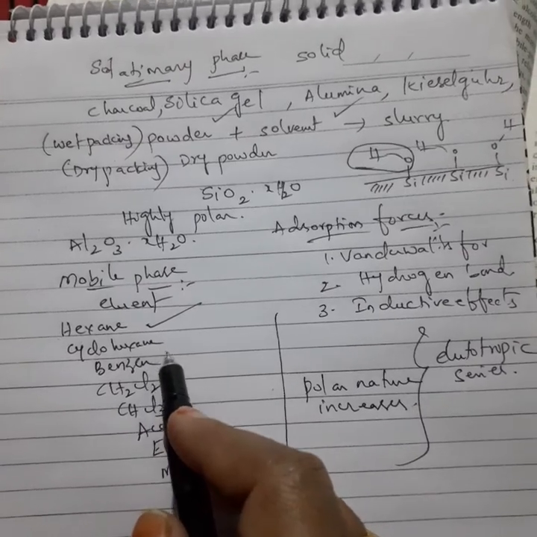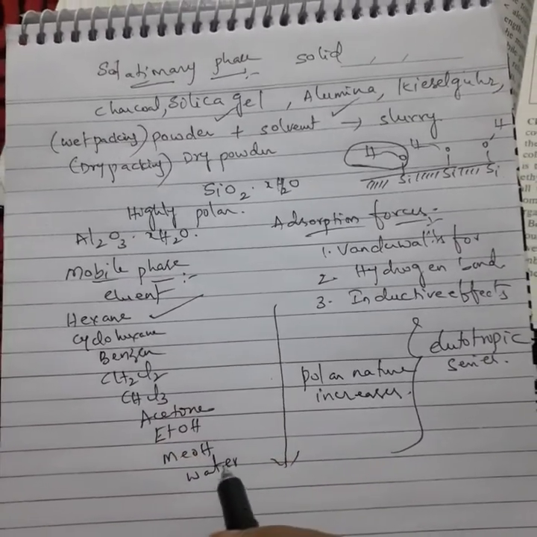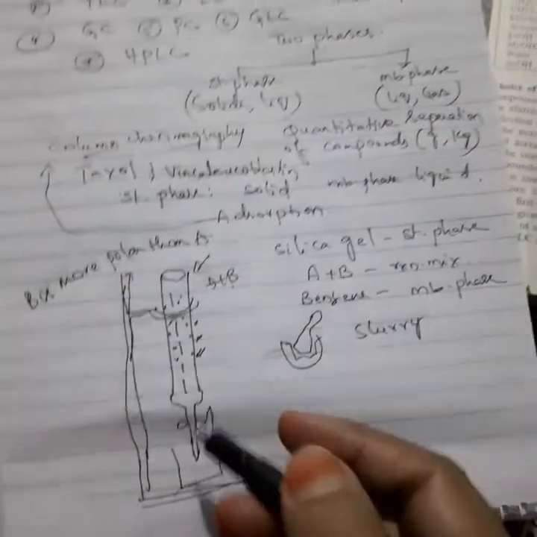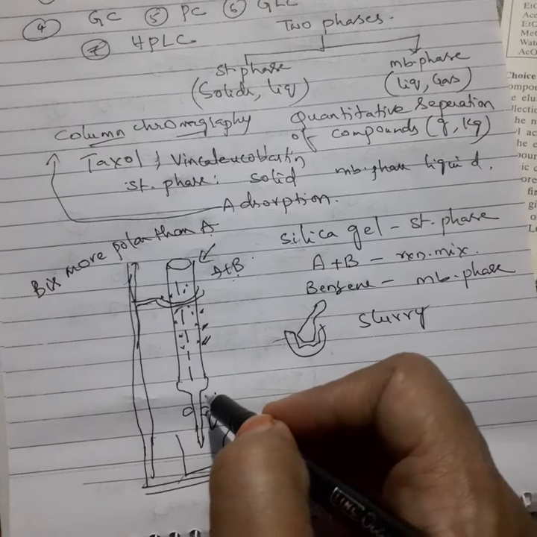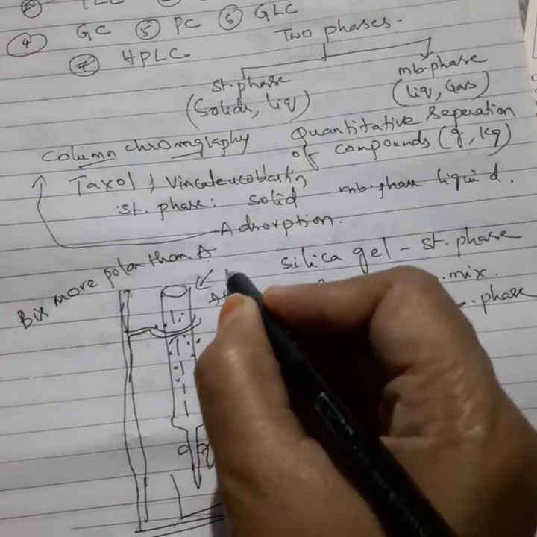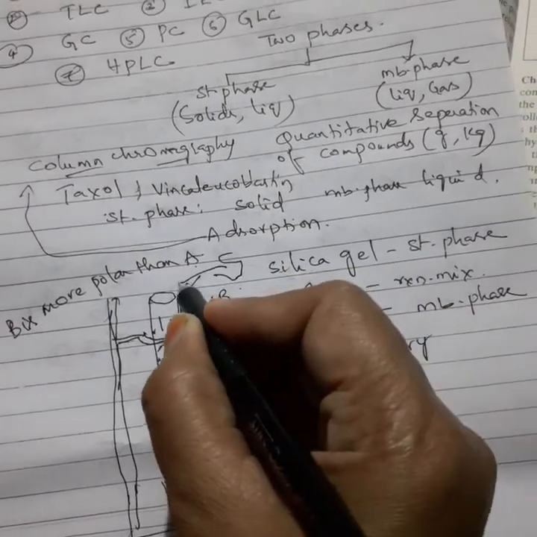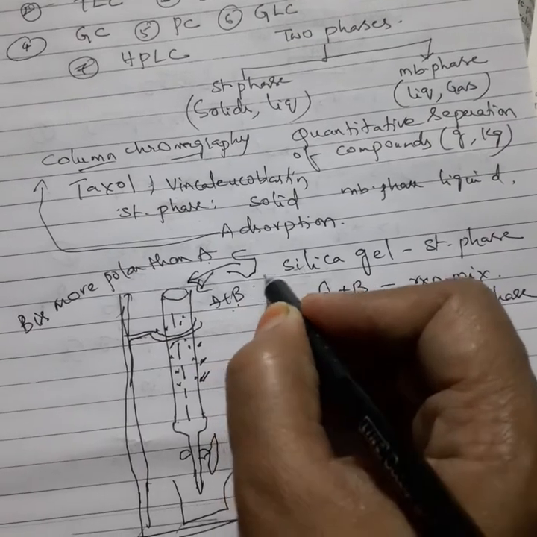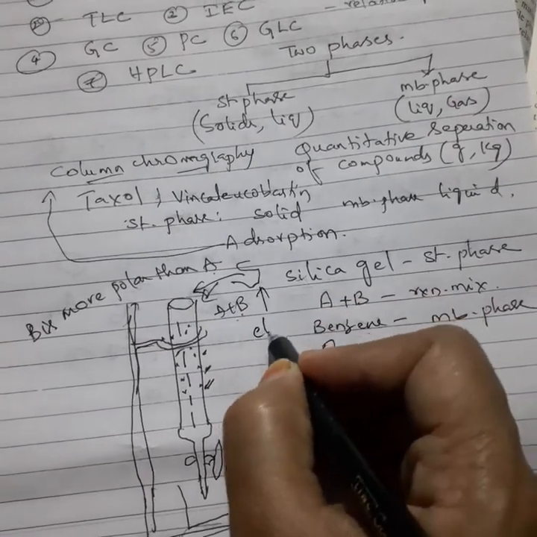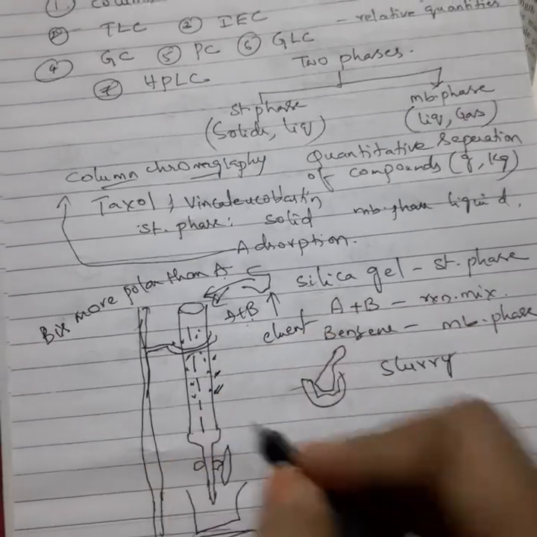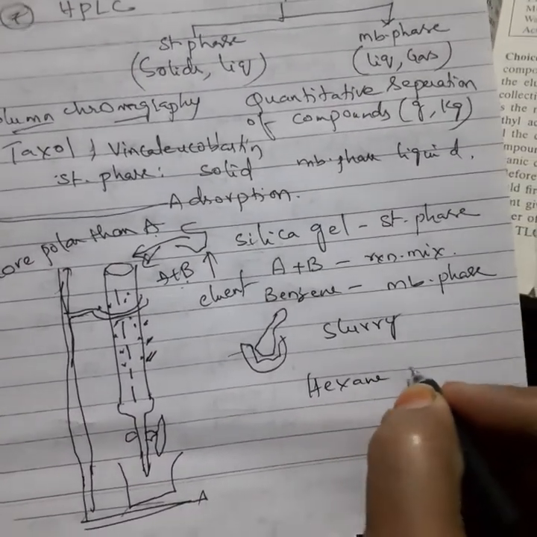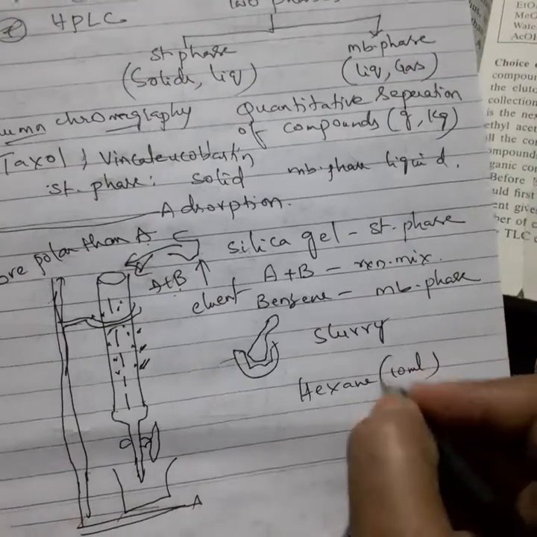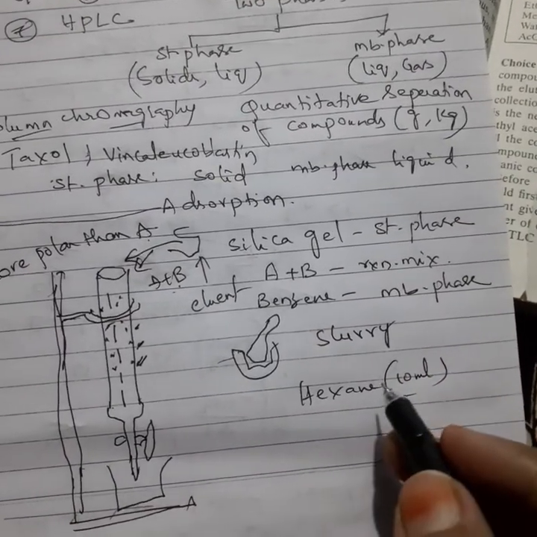Later on you can increase the polarity. Here, I will show you the diagram. See here, after the reaction mixture enters this column, you are pouring the eluent from the beaker. Initially, you need to take hexane, let us suppose 10 ml of hexane, which is non-polar.